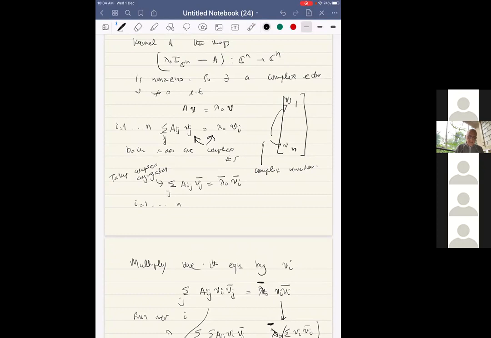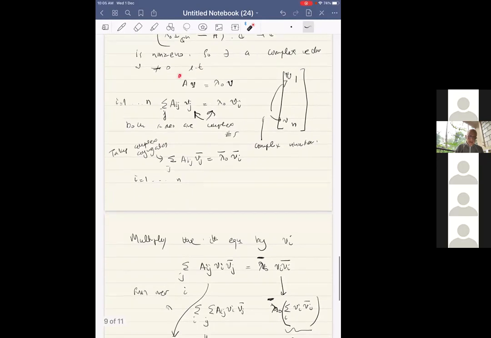Here V is a vector. So this is an equation between vectors. You take the vector V, multiply it by the matrix A, and that is lambda 0 times V. That is what this says. But now you write out the components of this equation, then you get these n equations here of complex numbers.